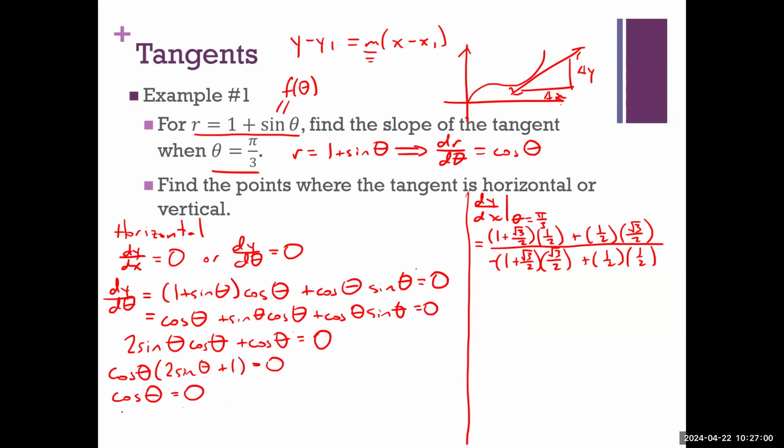Cosine theta equals 0. Let's just deal with that one first. Where is the cosine equal to 0? Right, so on the y-axis. And where is 2 sine of theta plus 1 equals 0? Or where is sine theta equal to negative 1/2?